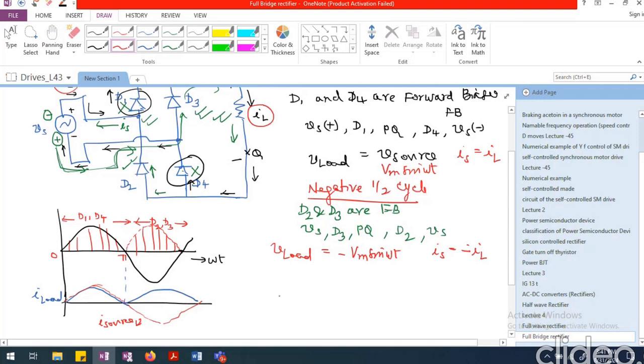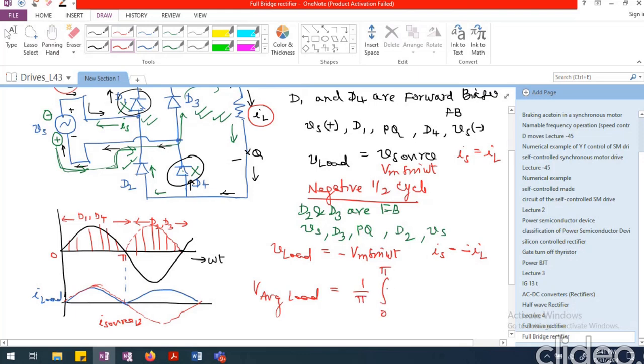If we are looking at the average load voltage, the derivation will be very similar to what we did in the center tap rectifier.